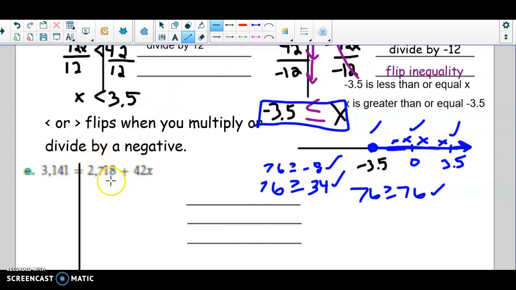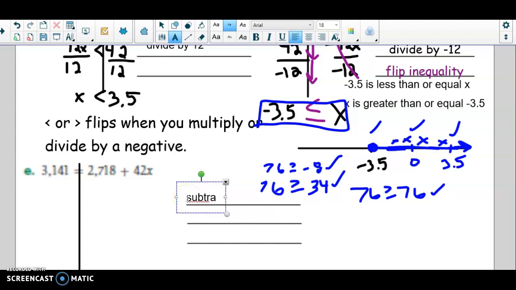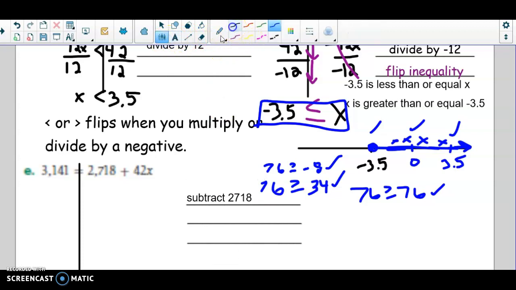So first thing we want to do is undo just this 2,718. To undo that, we're going to subtract 2718 from both sides. That looks like subtract 2718 and subtract 2718.